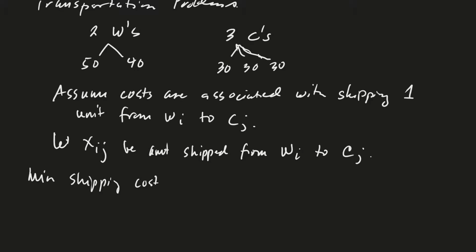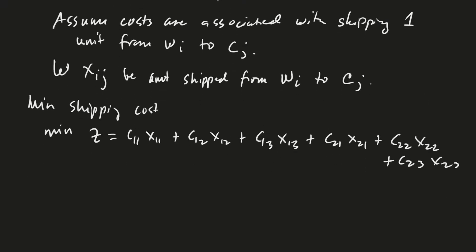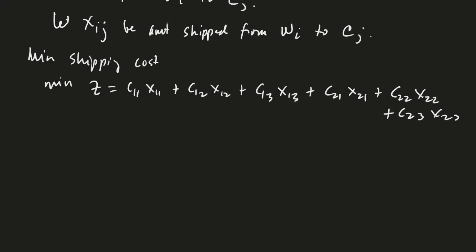So that's minimize Z equals, let's say C11 is the cost from warehouse 1 to customer 1, times X11 plus C12 X12 plus C13 X13 plus C21 times X21 plus C22 X22 plus C23 X23. So those are all my variables now. I've got 6 of them.